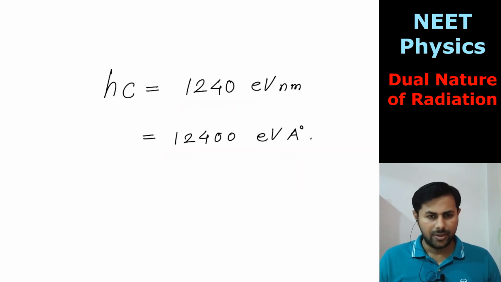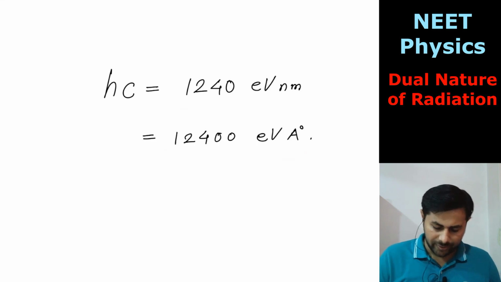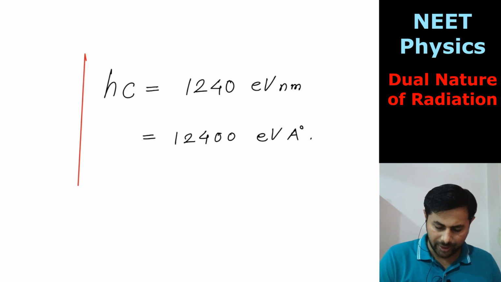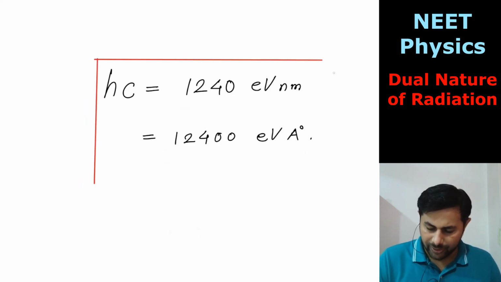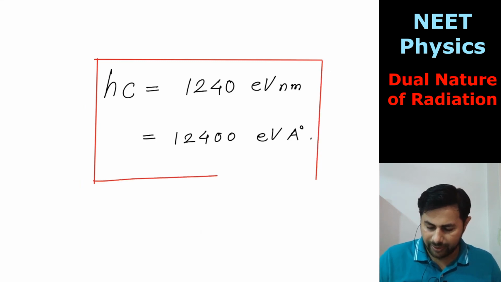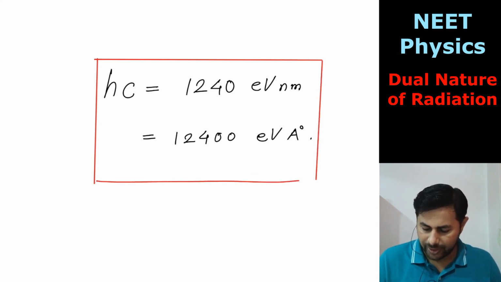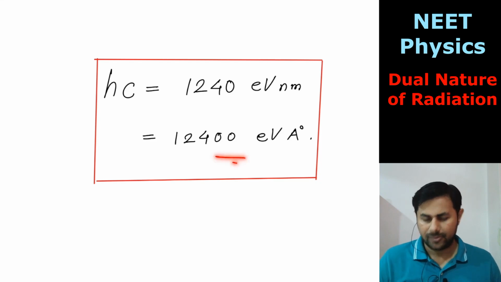So this thing we need to remember: the product of h times c is equal to 1240 eV nanometers, and it's equal to 12,400 eV angstrom units. Okay, this is very important.